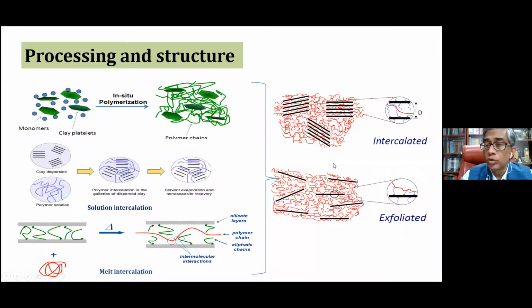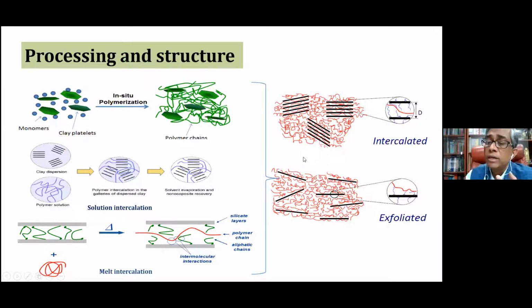What we really want is this exfoliated structure. Exfoliated means all of these layers are separated, and surrounded by the polymer chains, and the d-spacing, the gap between the layers, has increased.